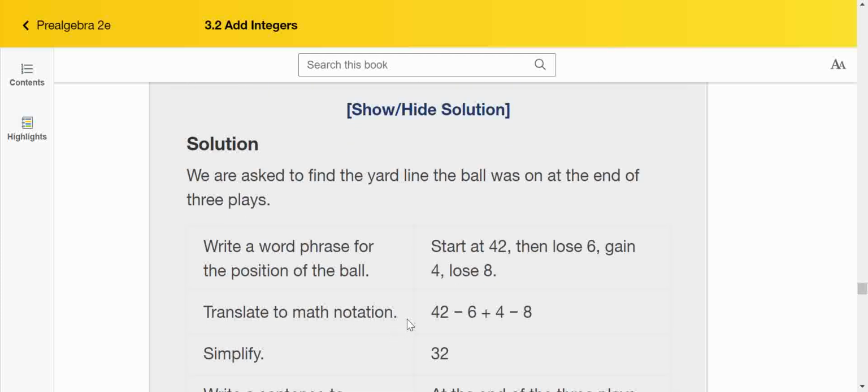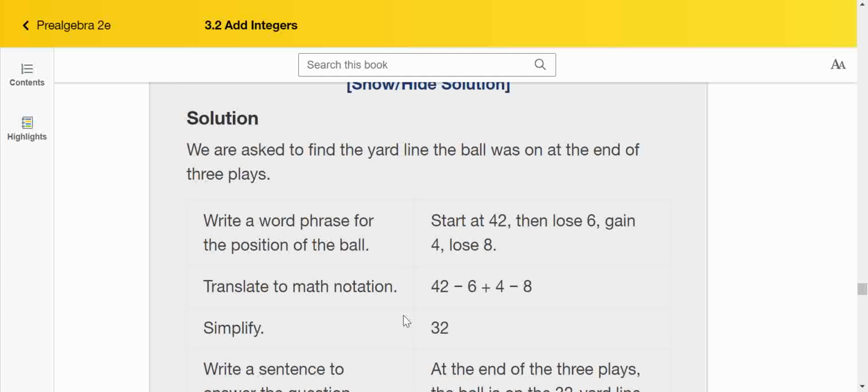Write a word phrase for the position of the ball. Start at 42, then lose 6, then gain 4, then lose 8. Well, there were no thens in between here, but you get the idea. Translate to math notation. 42 minus 6 plus 4 minus 8.